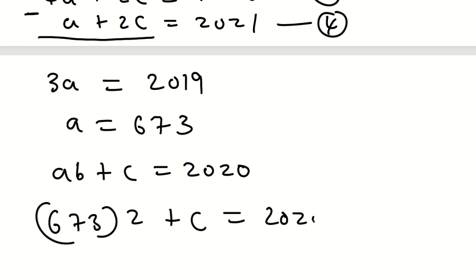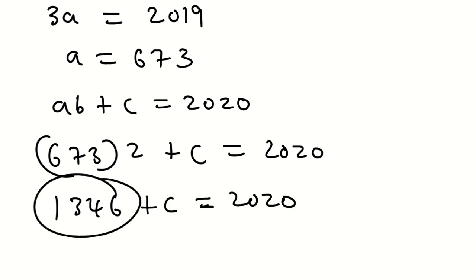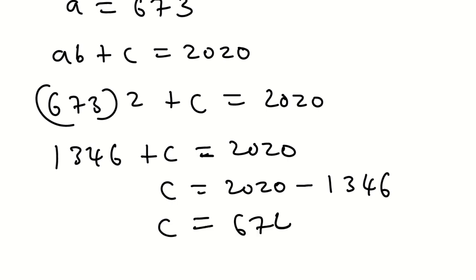All right. And from here, we can multiply this. What is 2 times 673? So that is 1,346. Then plus c is equal to 2020. Now I'm going to subtract this from both sides, and you have that c is equal to 2020 minus 1,346. And then here you can see that c is equal to 674.